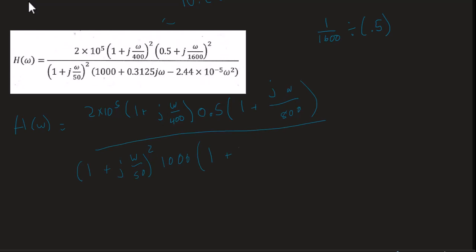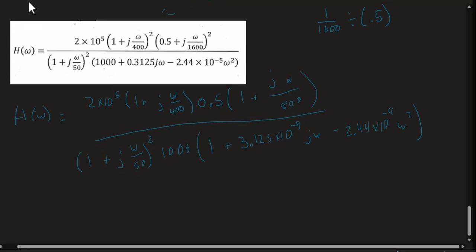So that would be 3.125 times 10 to the negative 4 j omega. And then this one, I'll just subtract 3 from the exponent. So it'll be 2.44 times 10 to the negative 8 omega squared. And again, if you don't like doing that arithmetic, just divide.